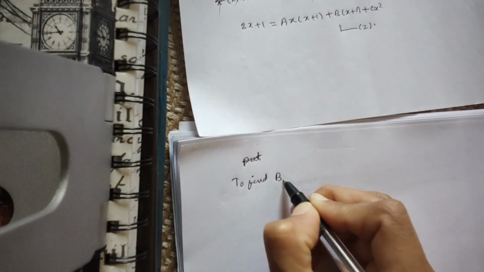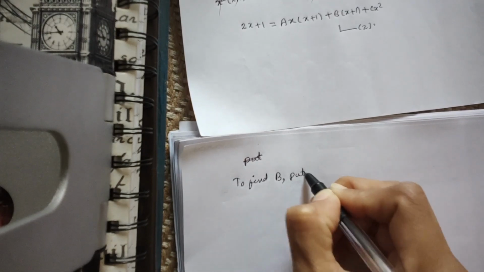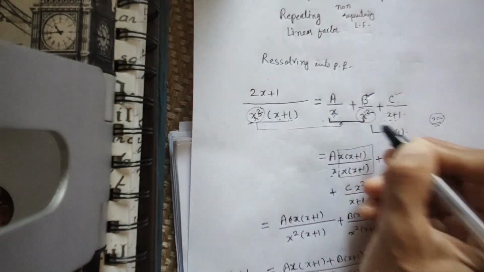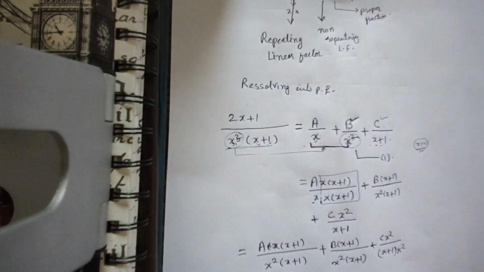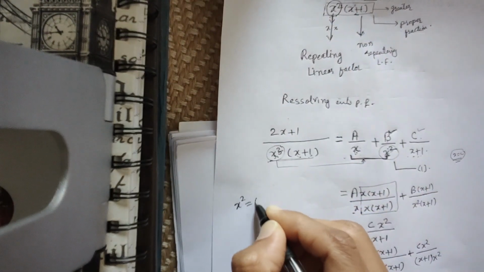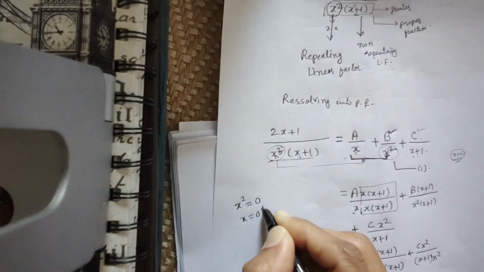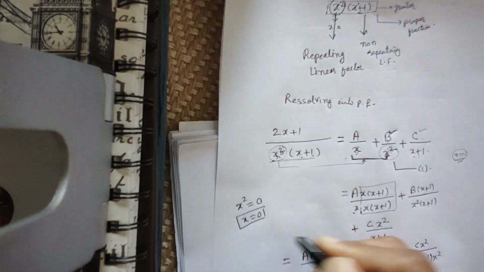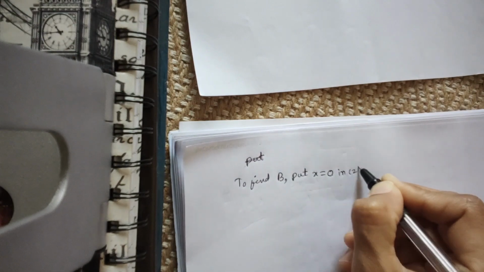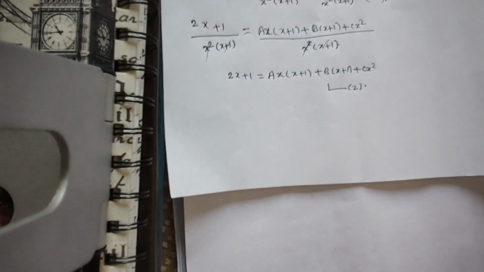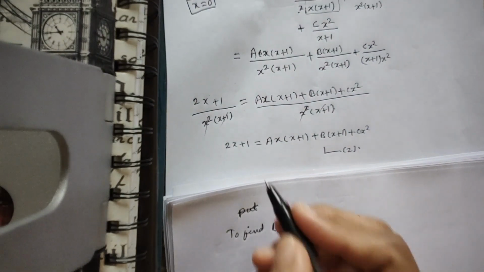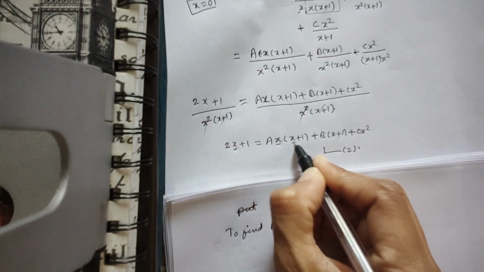To find B, put x equal to, what will I put x? Just equate the denominator of B. What is the denominator of B? It is x square. So equate this x square with 0. What you get? x equal to 0, taking the square root on both sides. So I am just substituting x equal to 0 in equation 2. So just replace this x with 0.